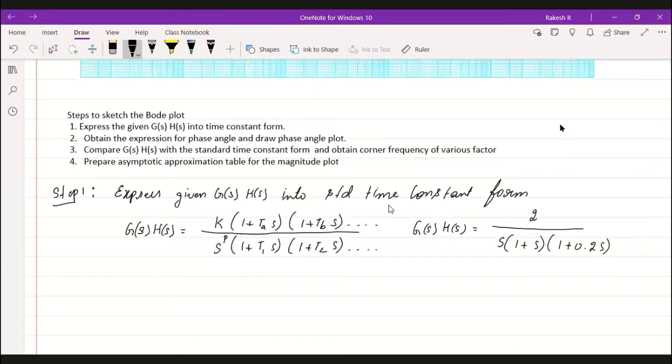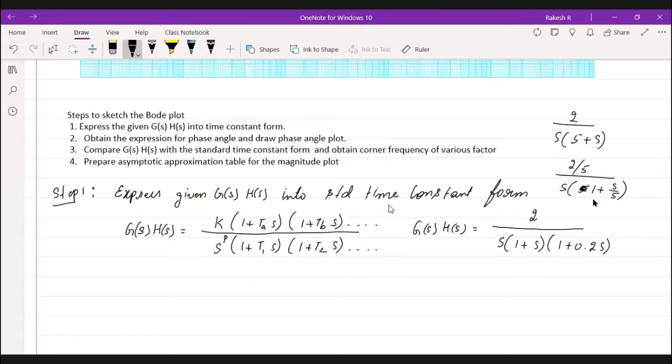In some questions they will give something like 2 divided by s into 5 plus s. If it is given like this, it is not a standard time constant form. You need to convert this into standard time constant form. That means divide both numerator and denominator by 5. So what happens? 2 divided by 5 in the numerator, divided by s into 5 times 1 plus s by 5.